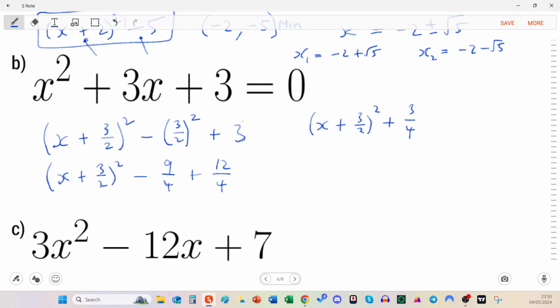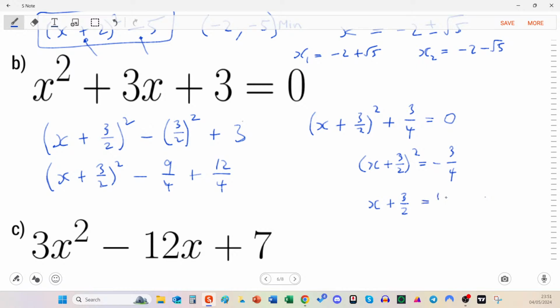Now this is not solvable at GCSE level, because if you put it equal to 0 and then move it over, you'll get negative 3 quarters. Don't worry about it not being solvable. Not everything is at your level, but one day it will be, because if you study A level, you'll be given a method.